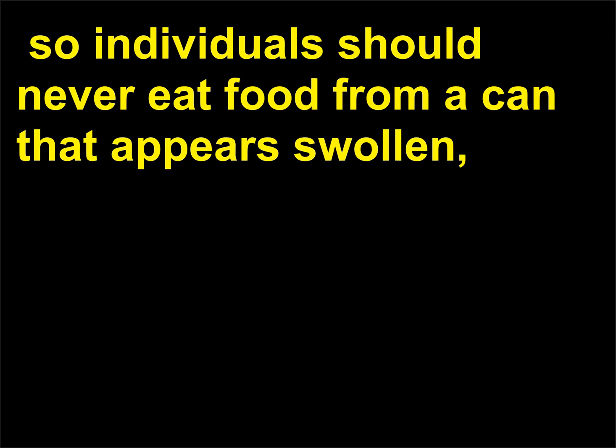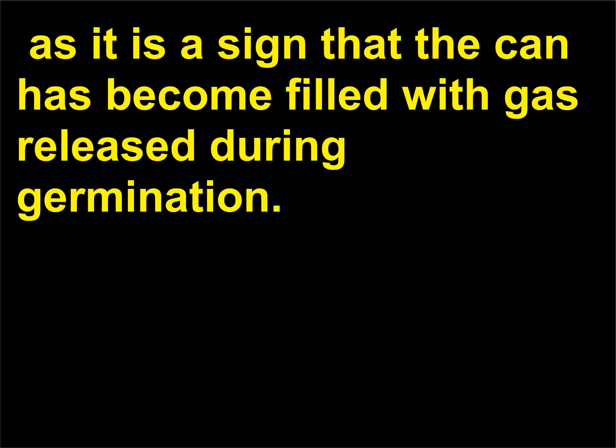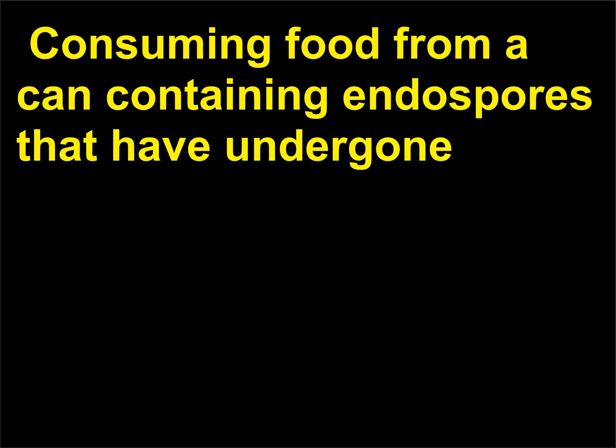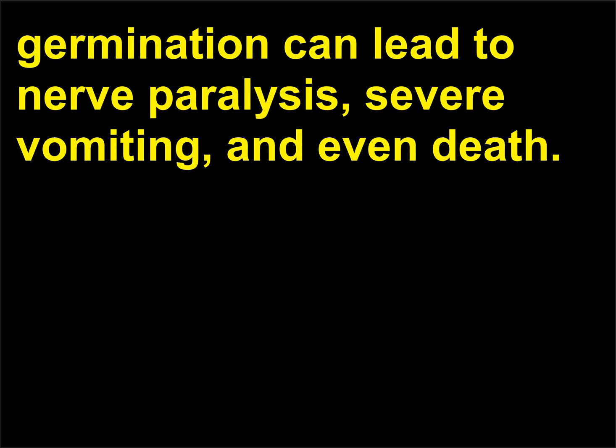So individuals should never eat food from a can that appears swollen, as it is a sign that the can has become filled with gas released during germination. Consuming food from a can containing endospores that have undergone germination can lead to nerve paralysis, severe vomiting, and even death.